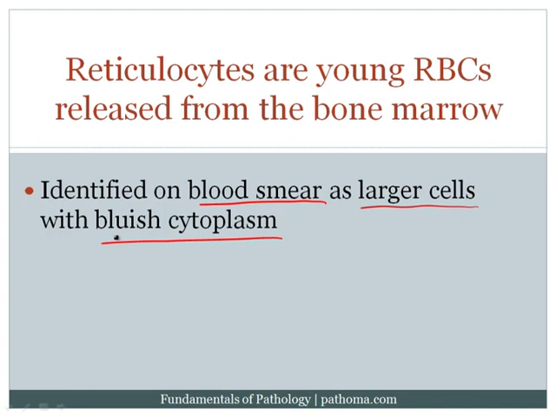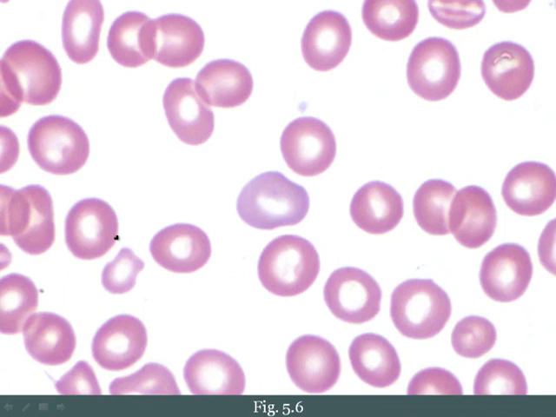However, there is some residual processing of RNA and protein synthesis that continues to occur in the first day or so after birth. Reticulocytes look like this. Here's a red blood cell smear, and you can see that there is this one cell that's just a tad larger than the others, and that has this bluish hue to its cytoplasm. And again, the bluish hue is due to the presence of RNA within the cytoplasm. It's important to know why the reticulocyte looks blue.